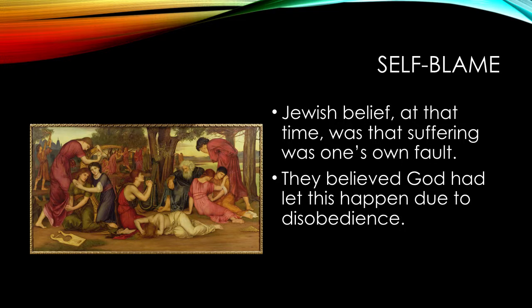Okay? The Babylonians would have looked at it as, well, we won because we had more powerful gods. The Jews can't do that because they are monotheists, or at least they may believe in multiple gods at this stage, but they only worship one. So what they end up doing is blaming themselves, and that will also leave a significant mark on the text.